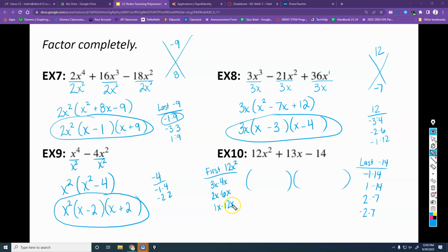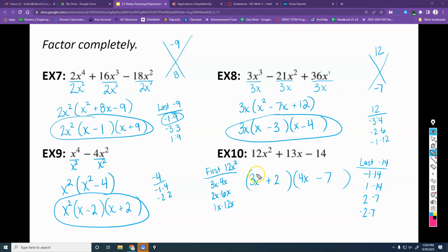Plus, if you end up with the 12x, a lot of times you get a really big number in the middle, and I don't see that happening here. So, I'm going to try 3x and 4x. Okay. And I'm going to try 2 and 7. So I'm going to do +2 minus 7. The numbers closest together just seem to work more often. They don't always work, but seem to work more often.